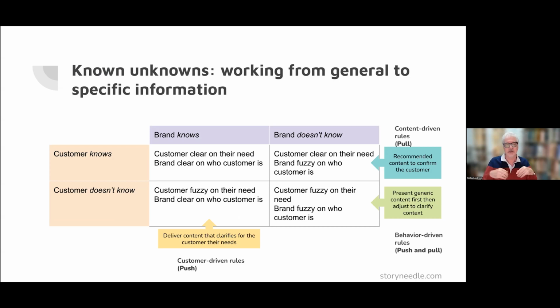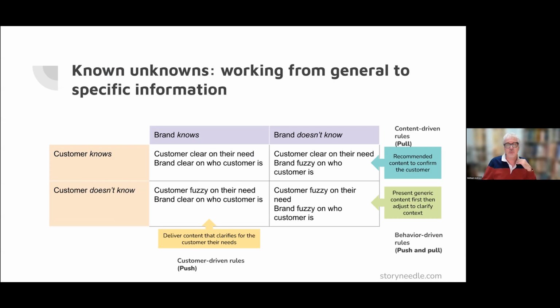Obviously, if the brand knows who the customer is and the customer knows what they want, that's simple. If the customer knows what they want, but the brand isn't clear who that customer is, then we need to think about how we can maybe pull the customer to where they need to be.